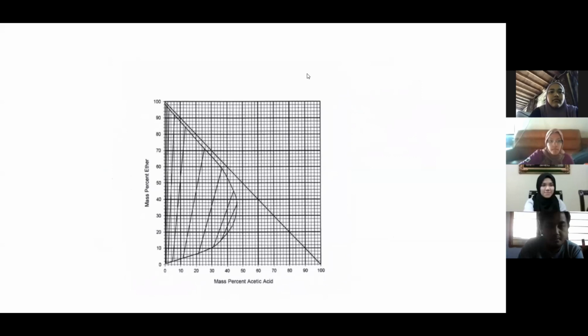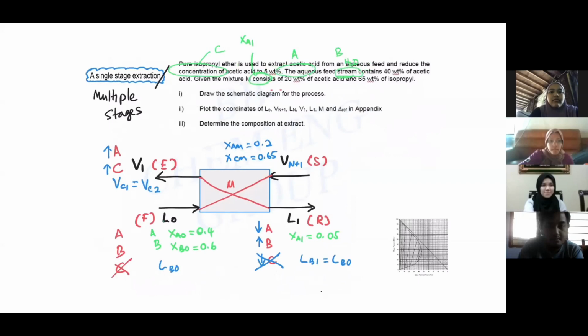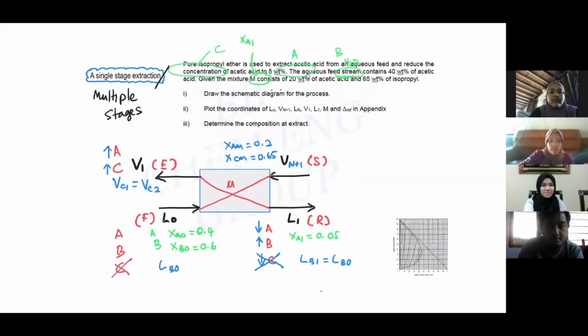So you're using your graph. The question asks you to label. The first question is already answered, so now you need to answer the second one, which is to label L0, Vn plus 1.